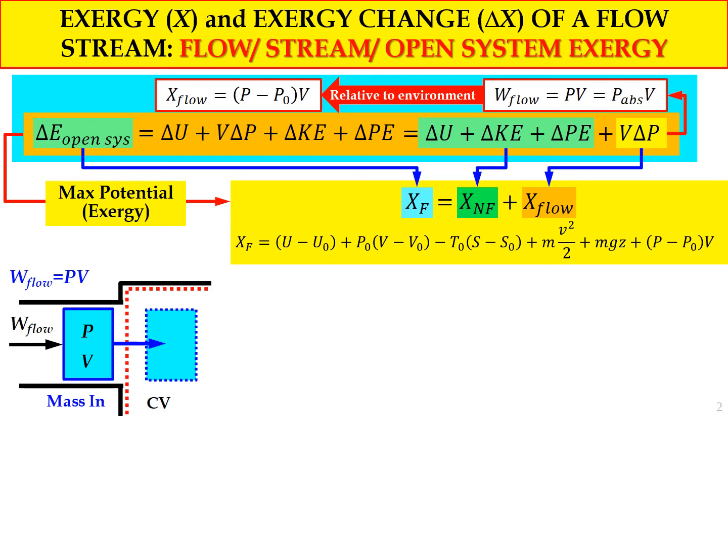So we have additional terms compared to the formula for the closed system. For the open system we have the additional term P minus P naught times V, the term for X flow. So this equation refers to the equation for XF, and the last term in the XF equation represents X flow.